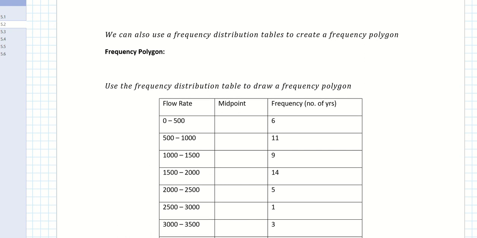We can also use a frequency distribution table to create a frequency polygon. And again, a frequency polygon is a line graph. It's a type of line graph.